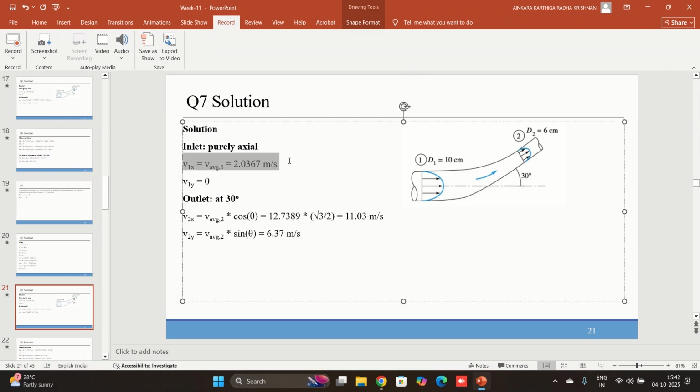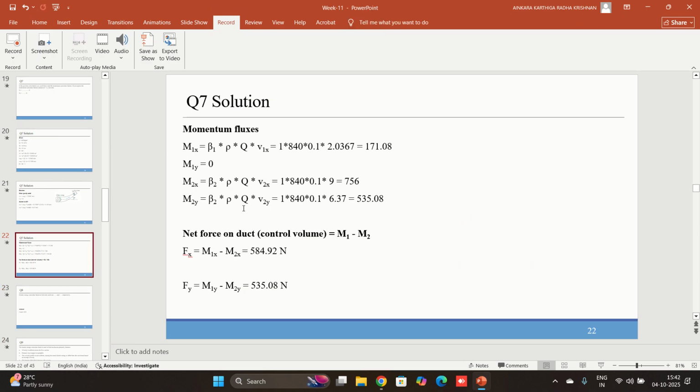V1 is 2.0367 meter per second, so it is purely axial flow, and V2 we have resolved into x and y components. So it is 11.03 meter per second in the x and 6.37 meter per second in the y direction.